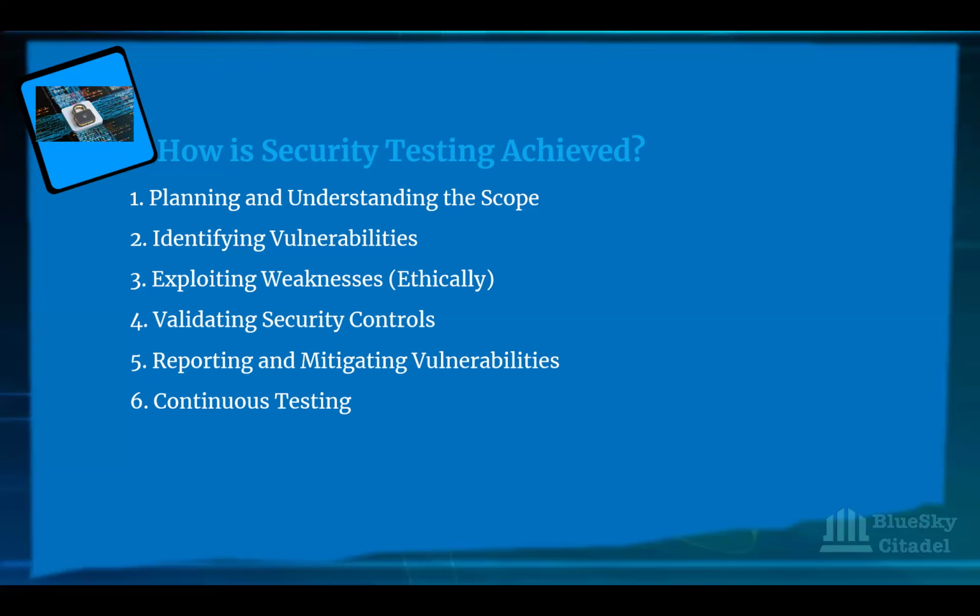You need to go through an approval process. The application needs to be scoped, so you understand what is going to be tested and what is not going to be tested, so that you are working in compliance and you're not breaking any law.